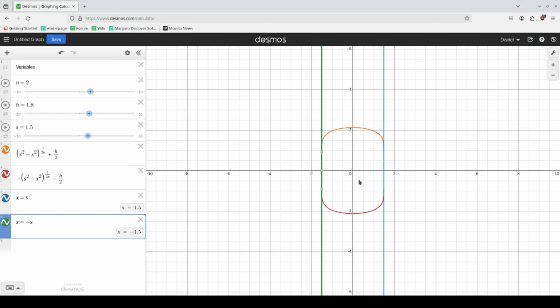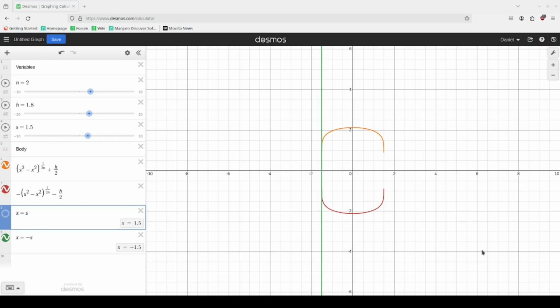And now the next thing is to find out where the boundary points are. I'm going to close one so it's easier to see where it is. Earlier in this video I mentioned we want to cut our h value in half so that the gap in between is h units wide. And so for that reason, we're going to be bounding. It's better to start with the line that you can see here.